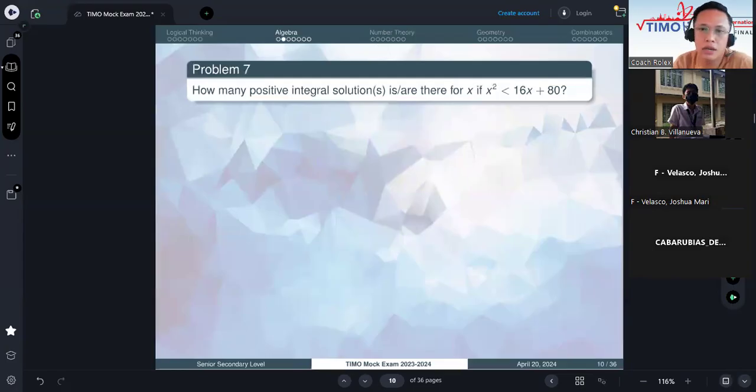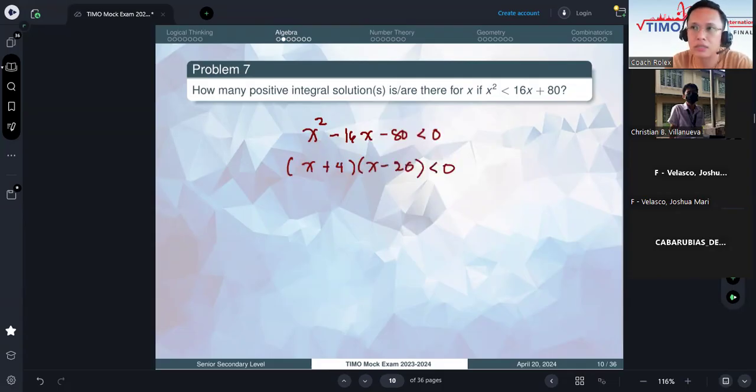So for this, take note that if you rearrange this one, you will have x squared minus 16x minus 80, and this is less than 0. Then we try to factor this one out into x plus 4 times x minus 20, which is less than 0.